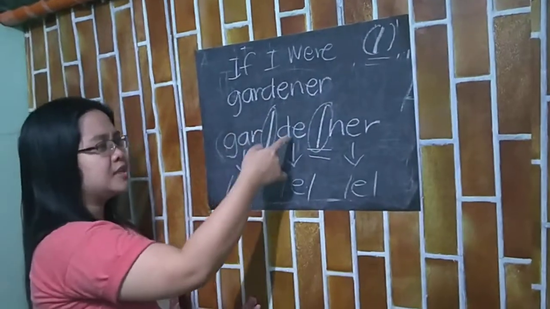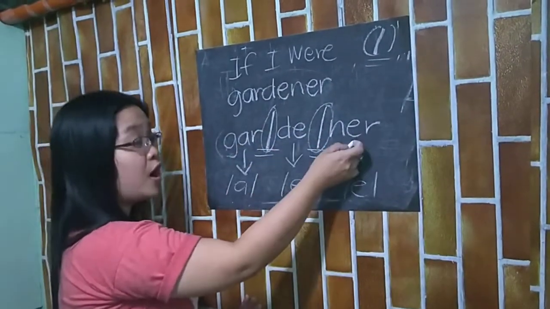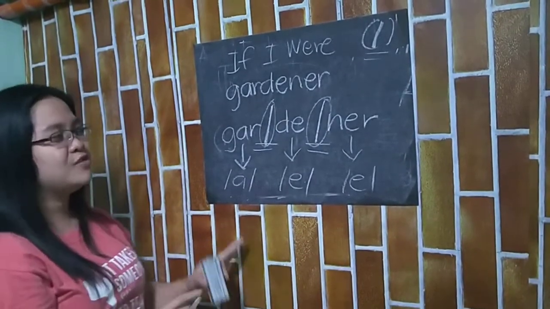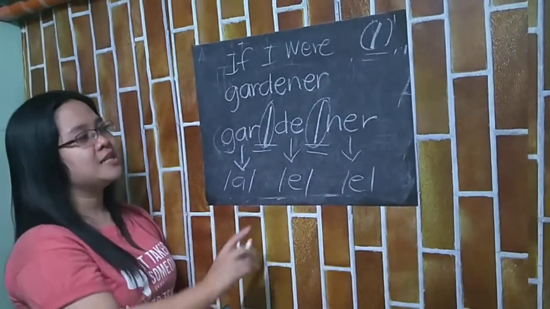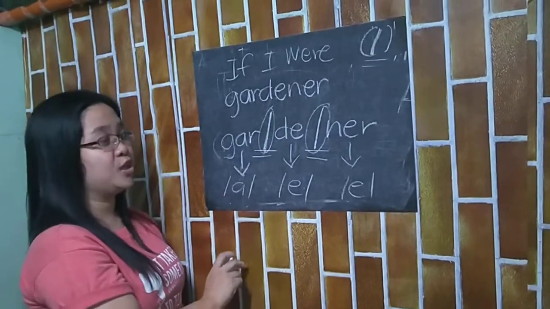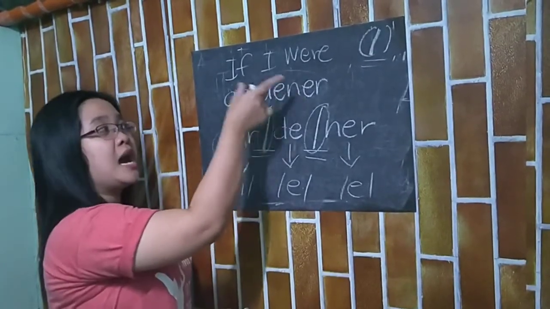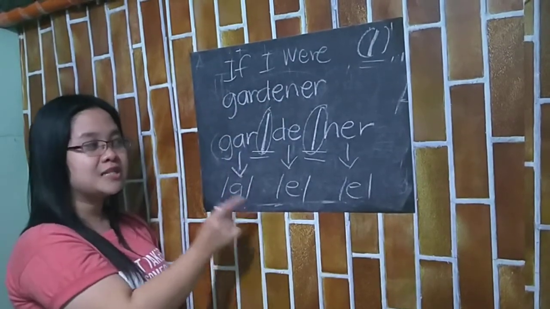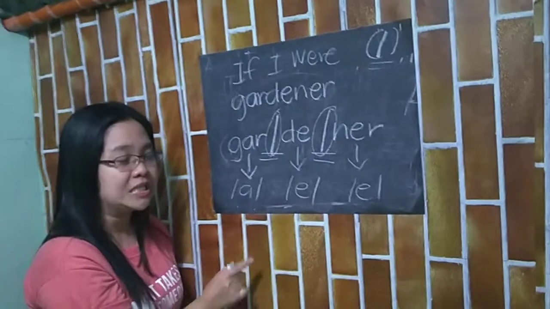The gar, the den, the ner. These 3 parts are known as syllables. Okay, again, when you say syllables, these are the smaller parts in the word. When you break down a longer word into parts, those smaller parts are known as syllables. Take note of that.